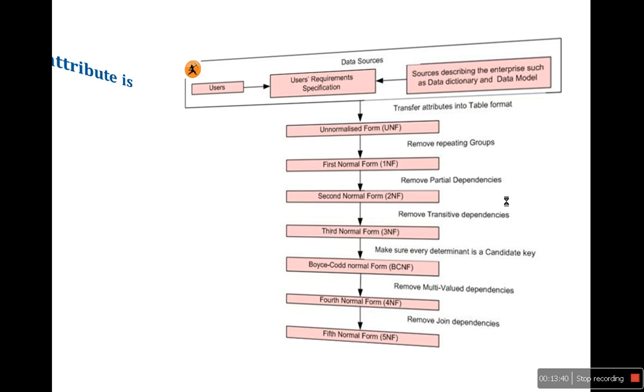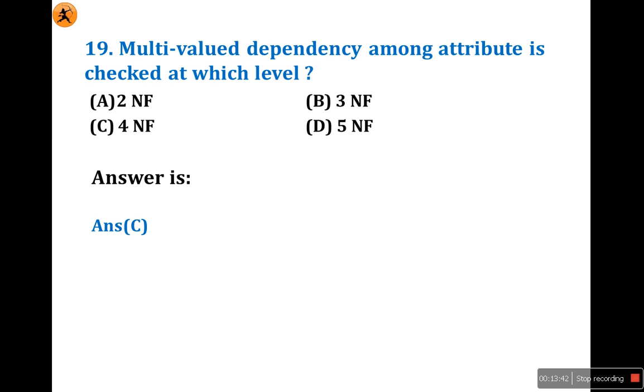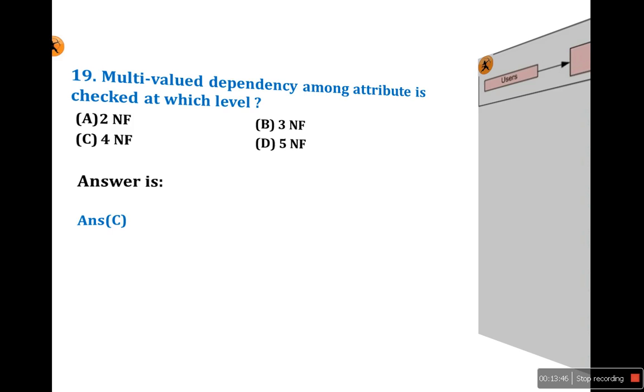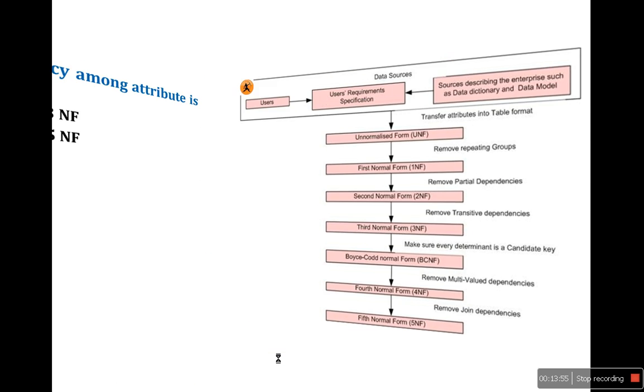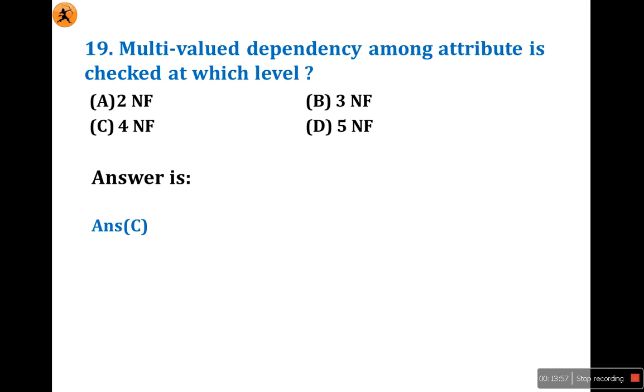So this question: multi-value dependency among attributes is checked at which level? Remove multi-value dependency in the fourth normal form. So multi-value dependency among attributes is checked at the fourth normal form. I hope it's clear. It's a very important question.